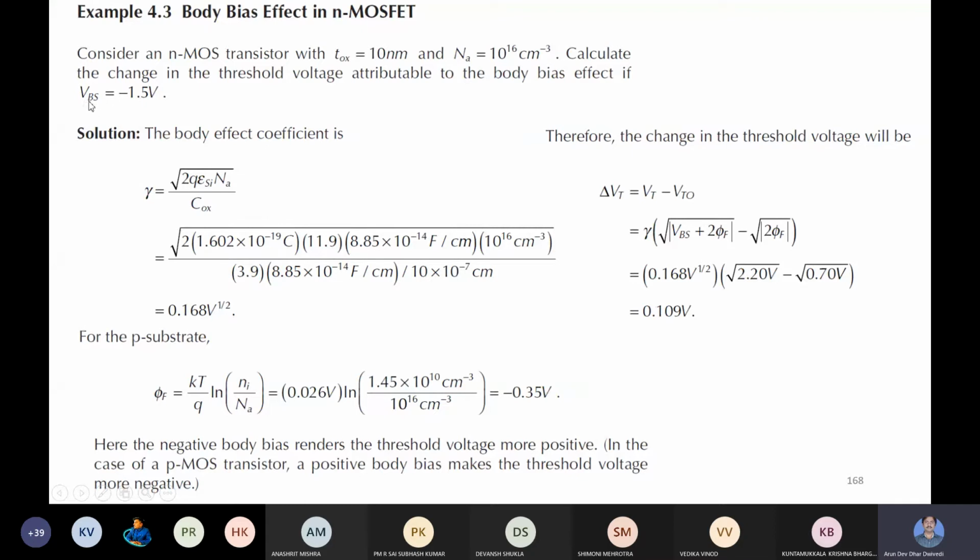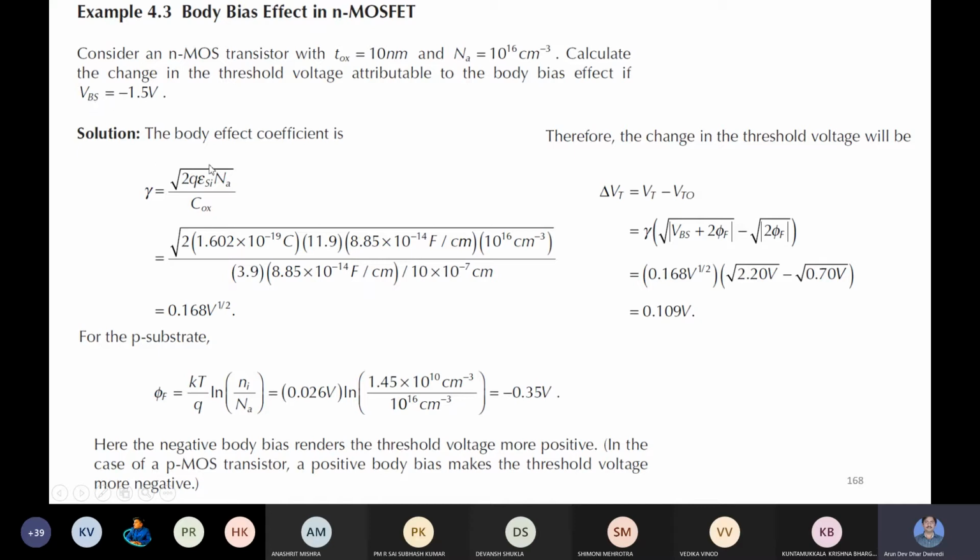So it depends on which terminal you are writing first. If you write VBS negative, it means you are applying this much negative voltage to the body, and VSB means you are applying 1.5 volt positive with respect to the body. So the source is having 1.5 volt positive with respect to the body, but the body is having minus 1.5 volt with respect to the source.